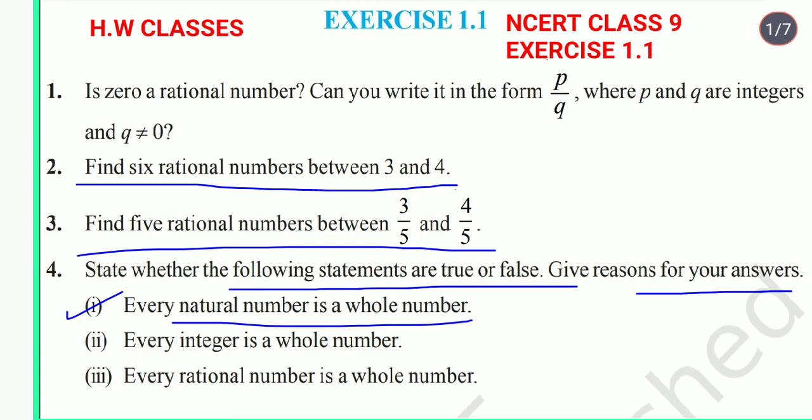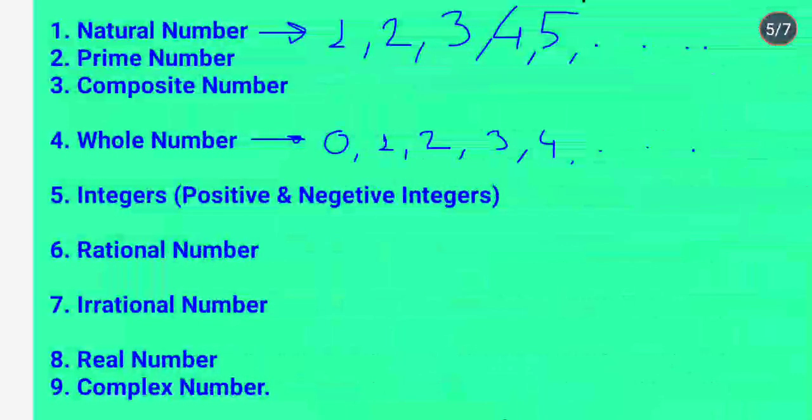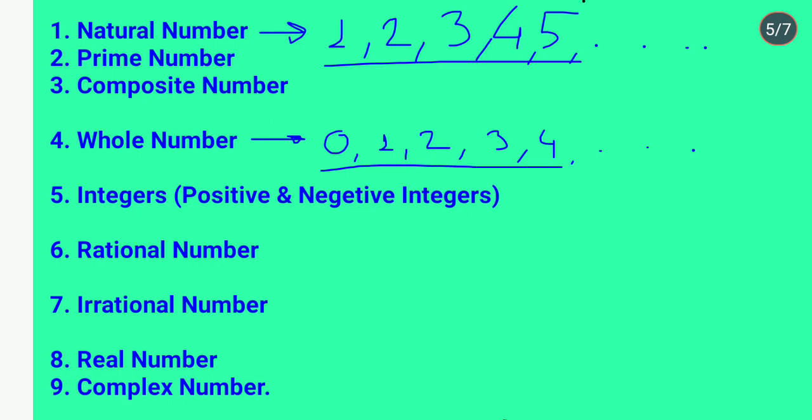So the question was every natural number is a whole number. You can say that yes, this statement is true because natural numbers start from 1, 2, 3, 4, 5 and whole numbers start from 0. So you can include natural numbers.